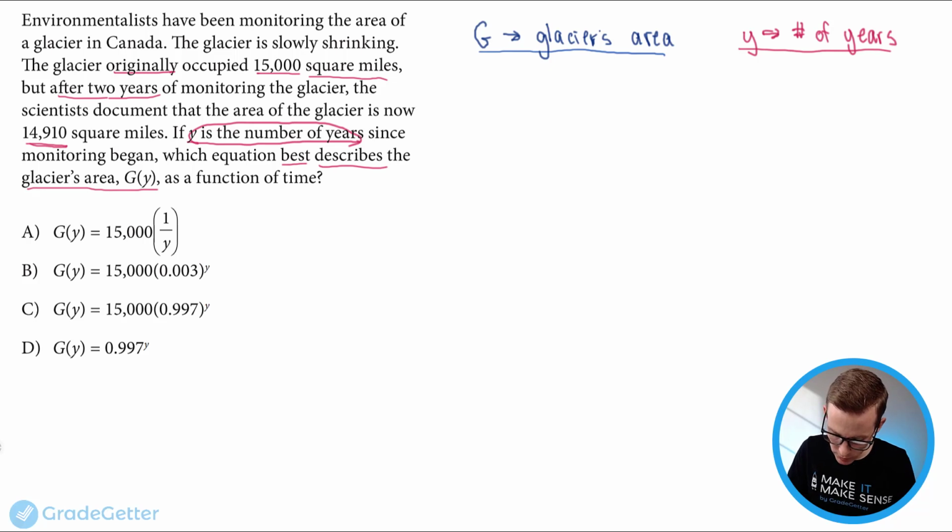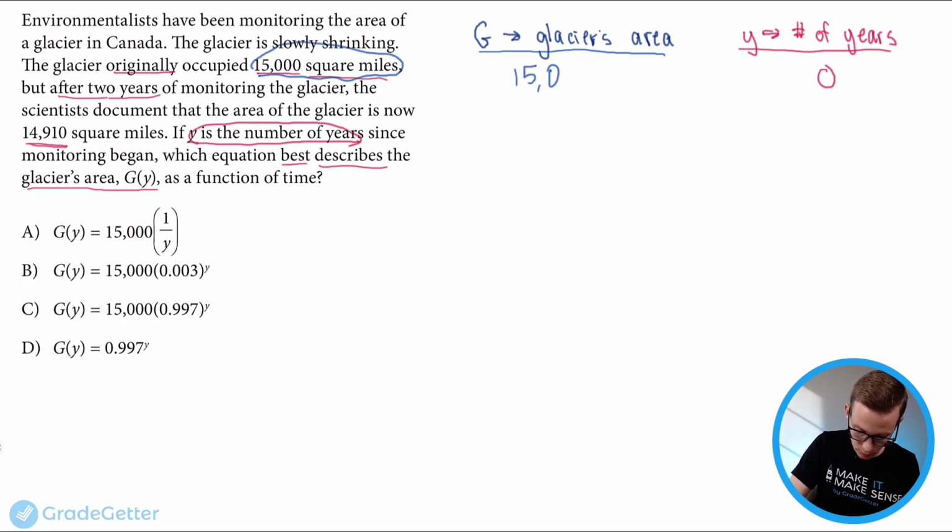So when y was 0, which is when they first started monitoring the area of the glacier, at 0 years, the area of our glacier was 15,000 square miles. And then after 2 years, so y equals 2, the area of the glacier became 14,910 miles squared.